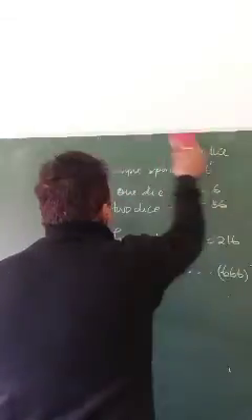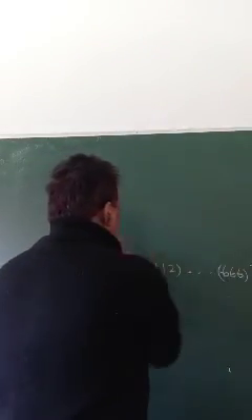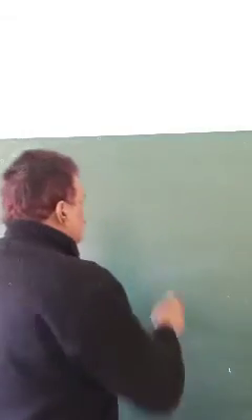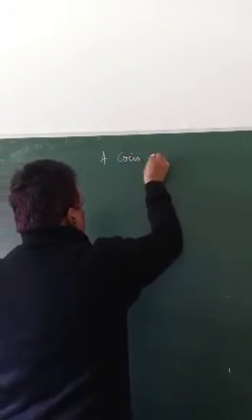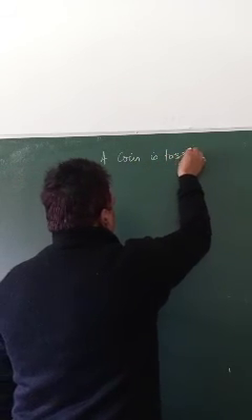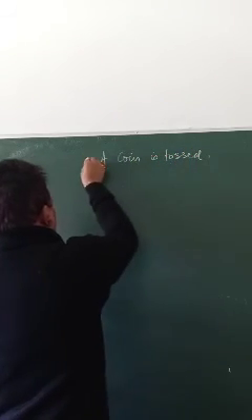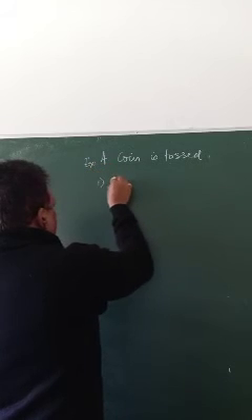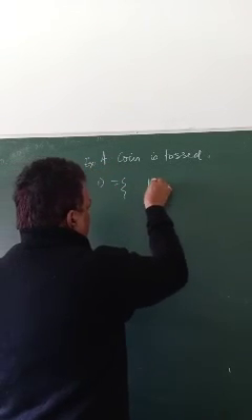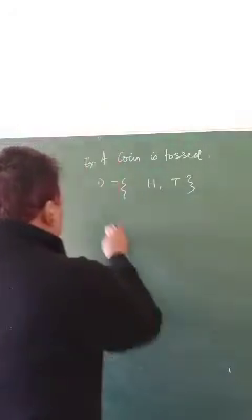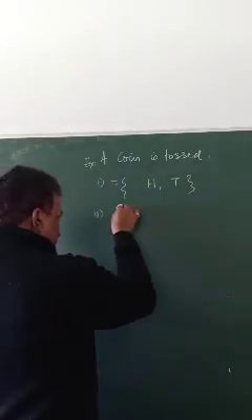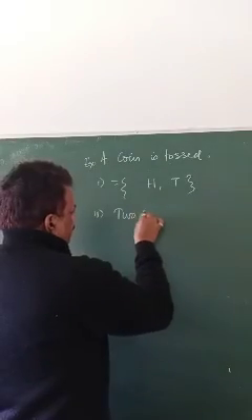Okay, let's see coins. A coin is tossed. With one coin, it is either head or tail. Second, 2 coins are tossed.